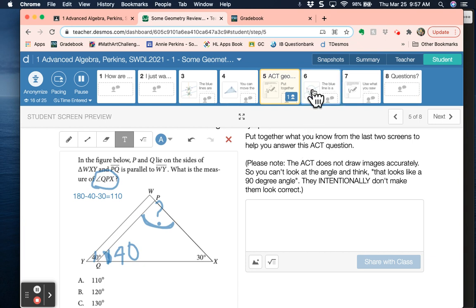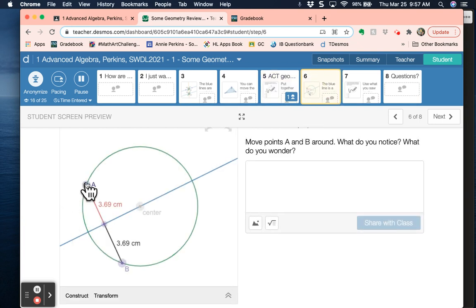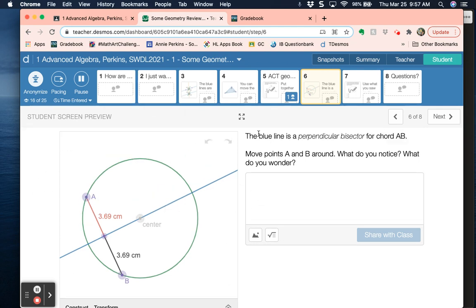Okay, moving on. Screen 6. Here I have a circle, and you are told that the blue line is a perpendicular bisector for chord AB. That means that from purple to purple here, from A to B, this line is literally the midpoint.